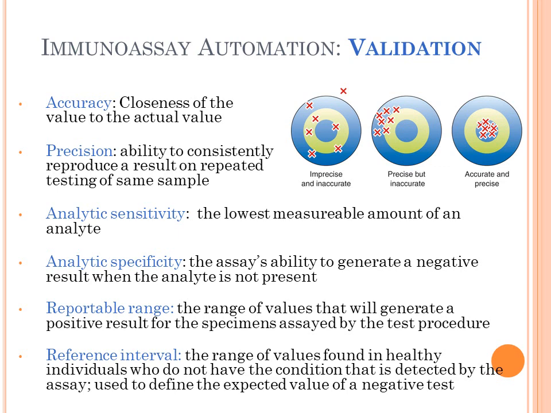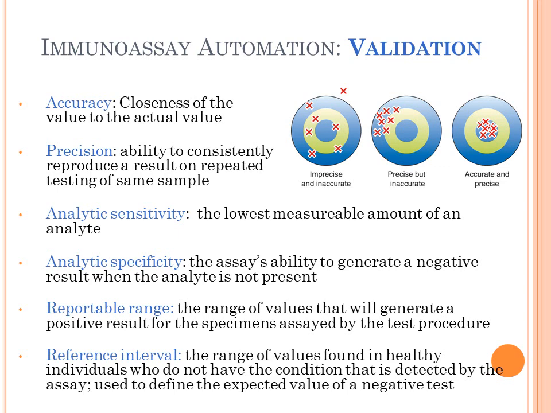Moving down to sensitivity and specificity, we've gone through these earlier in the semester. Sensitivity used this way is the lowest measurable amount that you can detect. Specificity is the ability to generate a negative result when the substance you're testing for is not present.